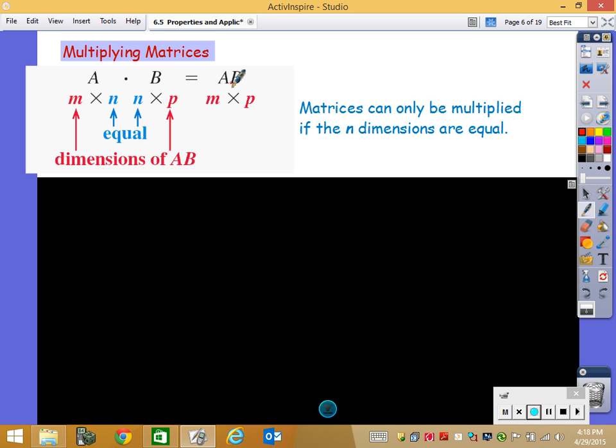Notice the dimensions on A, M by N, and B, N by P. The columns of A must be the same as the rows of B. And your resulting matrix will then have rows of A by columns of B. Then your matrices will actually multiply.